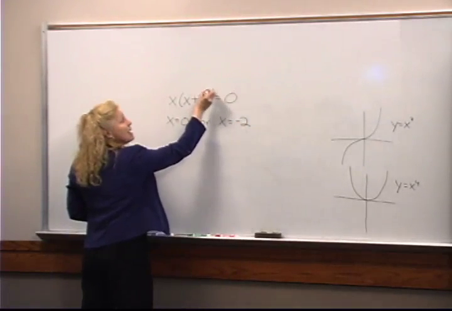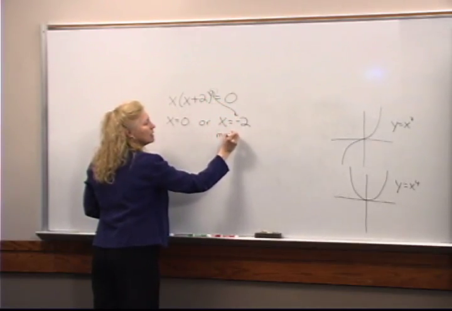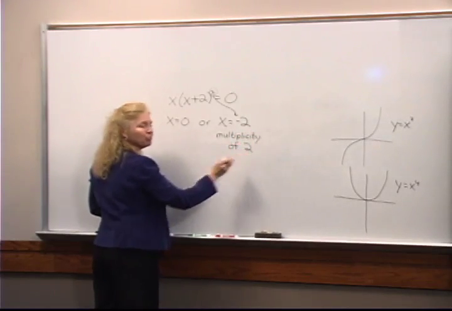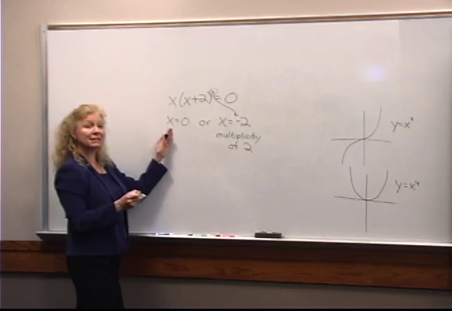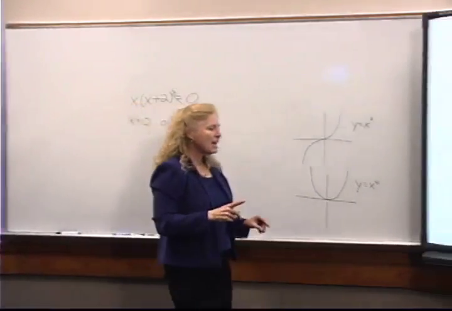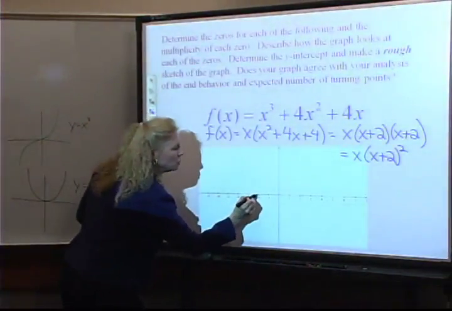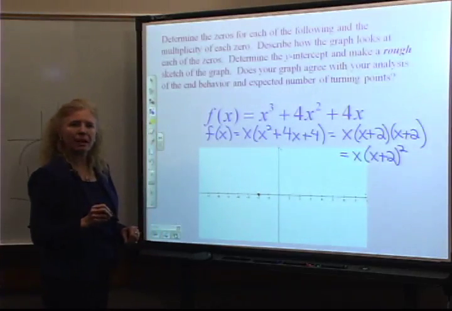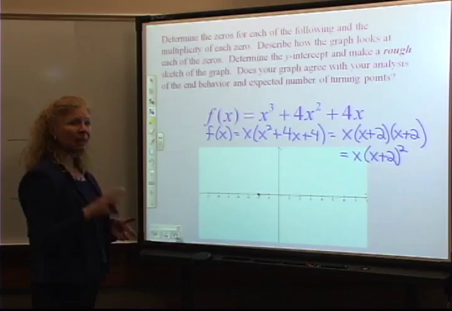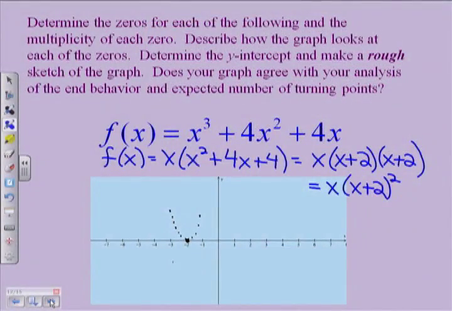And x equals negative 2 has a multiplicity of 2, and x equals 0 has a multiplicity of 1. All right? So I come to my graph and I say, I know at negative 2 I've got a double root, or a multiplicity of 2. That means either he's doing this or he's doing this.